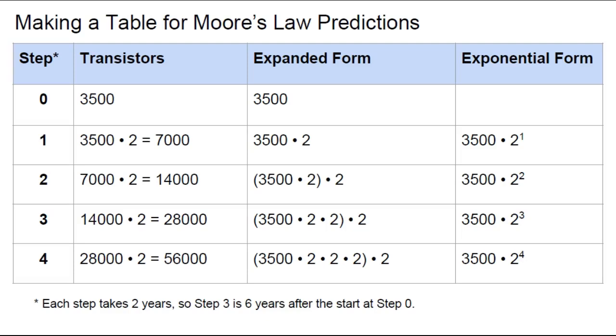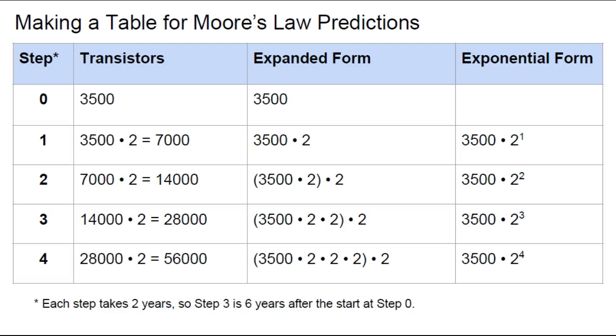Well, I can write that exponentially as 2 squared. In step 3, I have three 2's being multiplied, so that's 2 cubed. And in step 4, I have four 2's being multiplied, so that is 2 to the 4th. So my exponential form looks like 3,500 times 2 to the 1st for step 1, 2 to the 2nd for step 2, 2 to the 3rd for step 3, and 2 to the 4th for step 4.